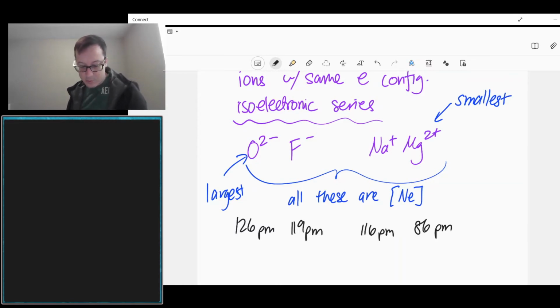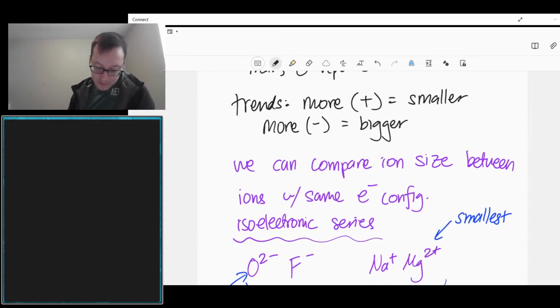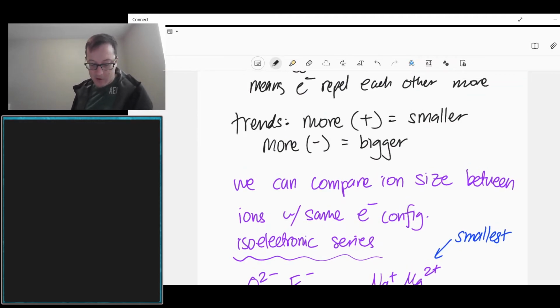So we see a pretty obvious trend. For an isoelectronic series, your smallest one is always going to be your most positive, and your largest one will always be your most negative. So there's our trend: more positive equals smaller, more negative equals bigger.